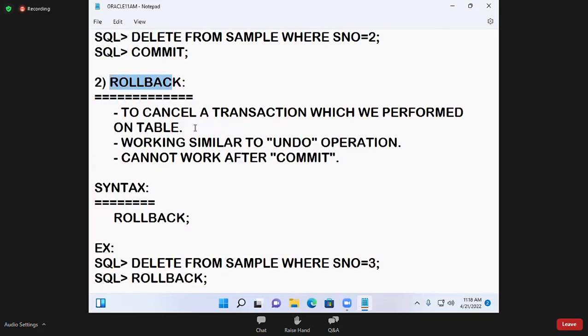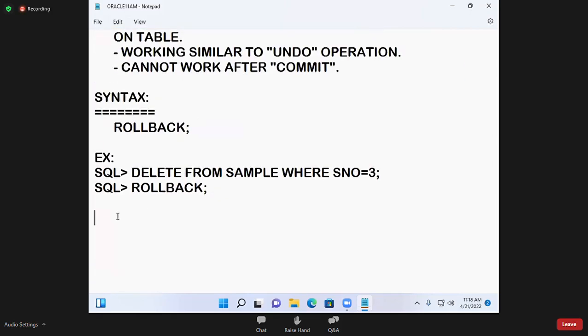But when I want to roll back a specific row in my table, how will it be? For that we can create the third command, called savepoint.